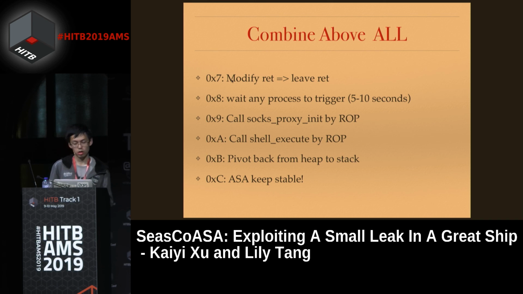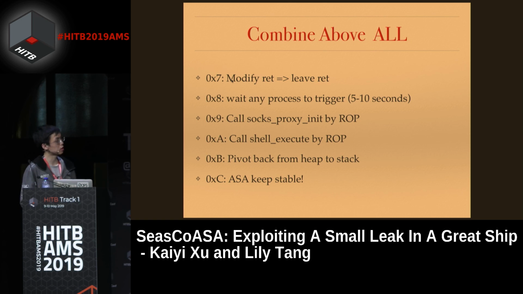It will always take about 5 to 10 seconds. In our ROP, we will call the socks proc init. This is to open the port we need, and after that, we will call shell execute in the ROP, and the parameter is to reverse a shell to the port opened by socks proc init.